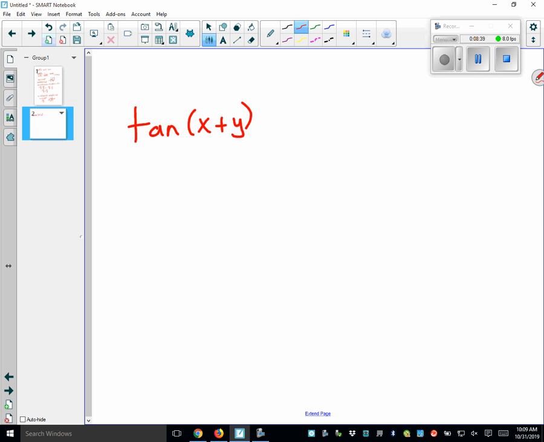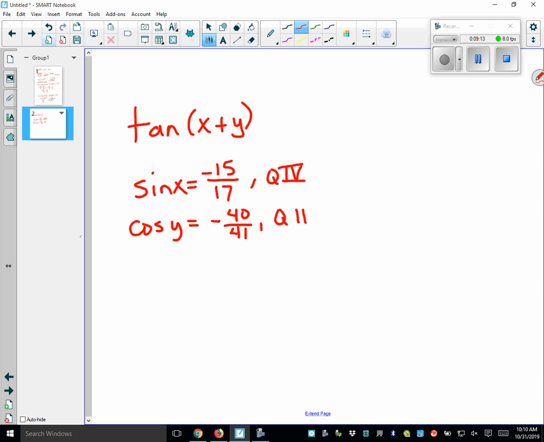You are given the sine of x is negative 15/17 in quadrant 4, and the cosine of y is negative 40 over 41, and I'm in quadrant 2.